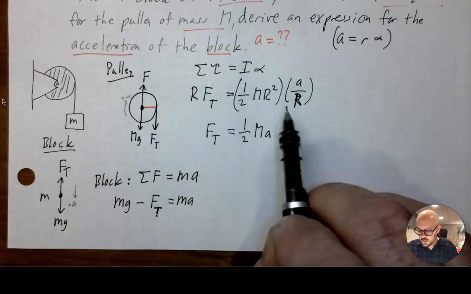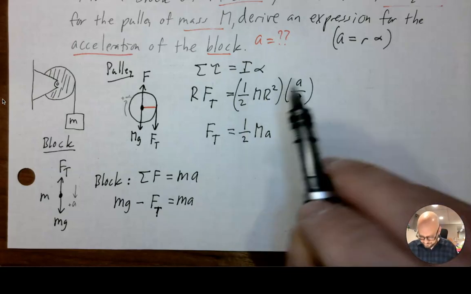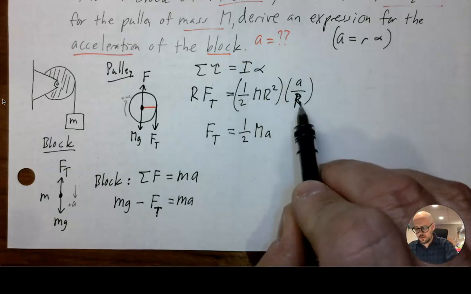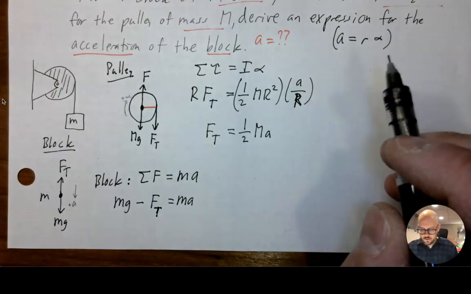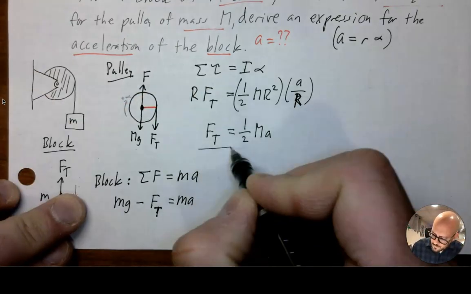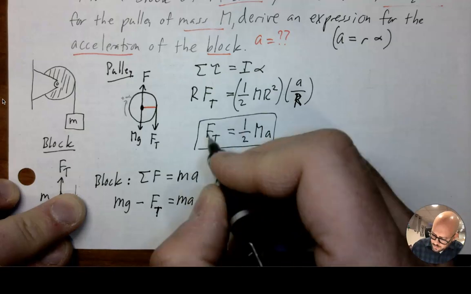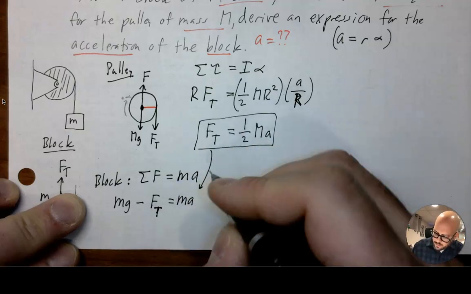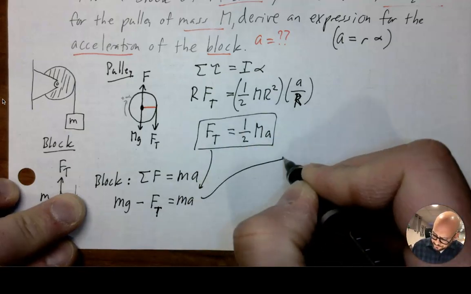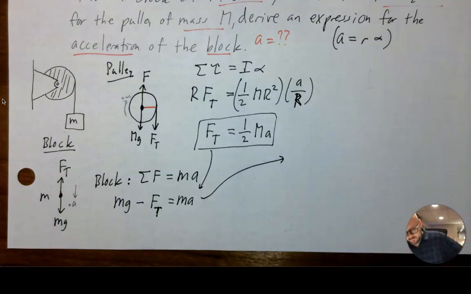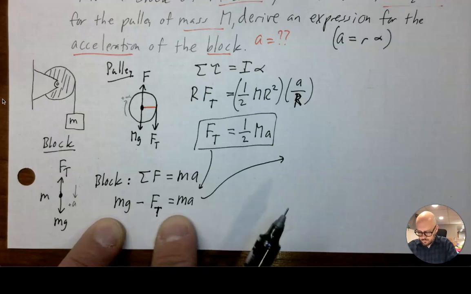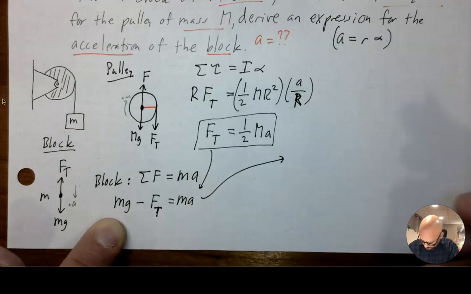In other words, these r's will all cancel. There's r squared here, divided by r, and then divided by another r. So this expression is going to be fed down there. And I'm going to put everything over here so I have room to work with it. So I'm going to take this equation and combine it with this equation.